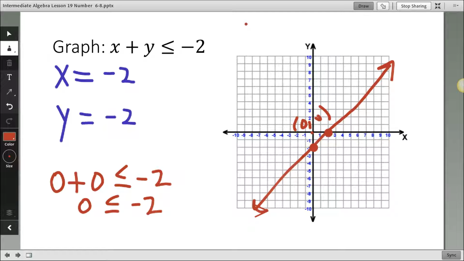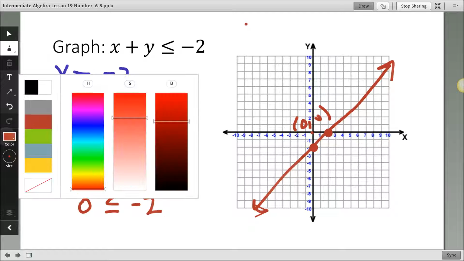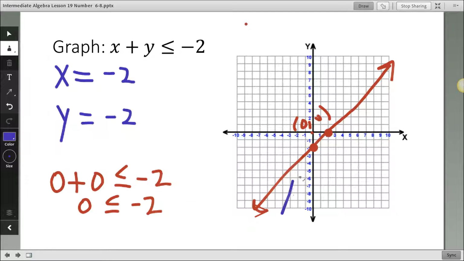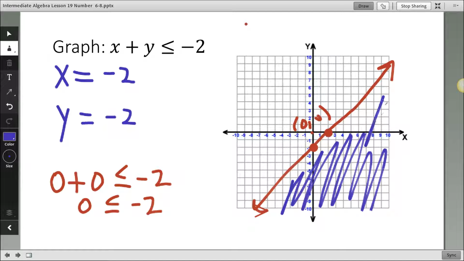So that means that my shading will not occur on that side of the line. I will shade the opposite side of the line. So that's how you decide where to shade, by testing a single value that's obviously not on the line. So there you go. So that's the first example.